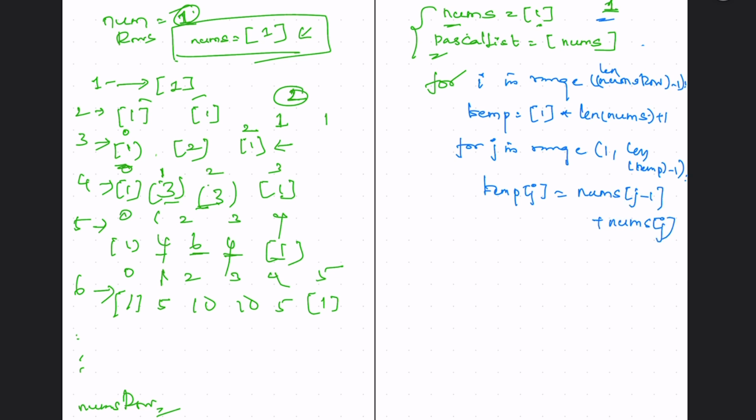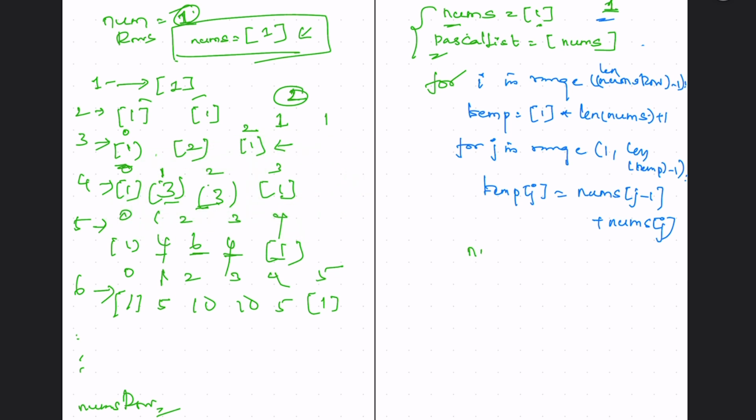For example, here nums is 1, right? So we have to do j minus 1 and this is 1. Nums of j is 2, 1 plus 2 is 3. Once you have traversed everything, from 1 to length of nums minus 1, got it? You have traversed.